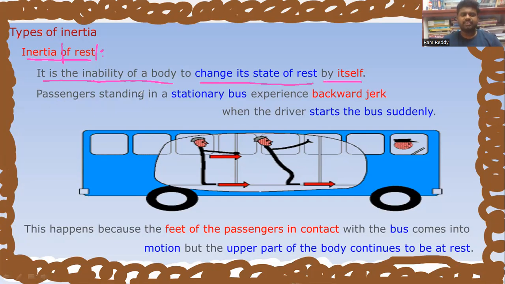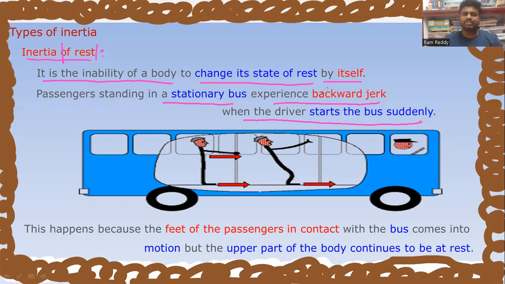For example, a passenger standing in a stationary bus experiences a backward jerk when the driver starts the bus suddenly. Let us assume you sit in a bus and the bus suddenly moves forward. What will we get? We'll feel some backward jerk.